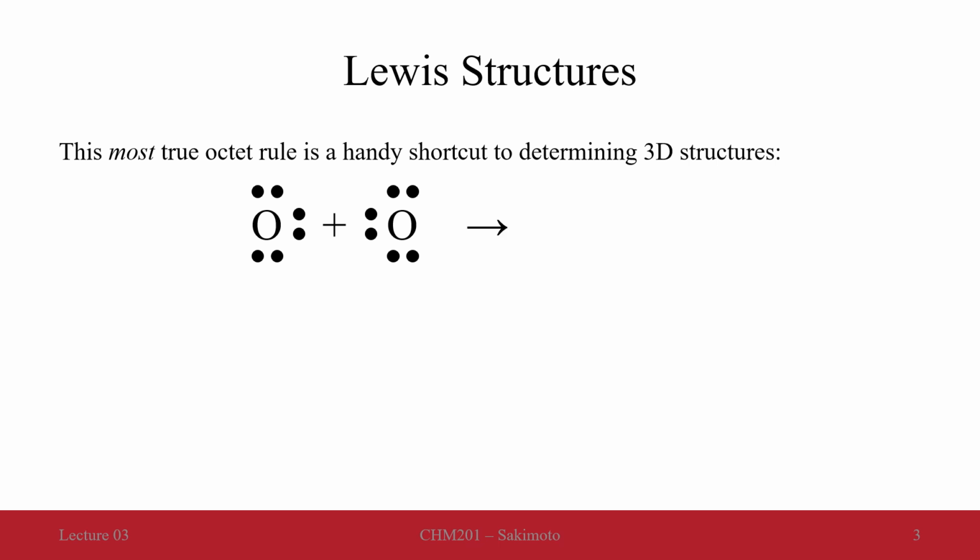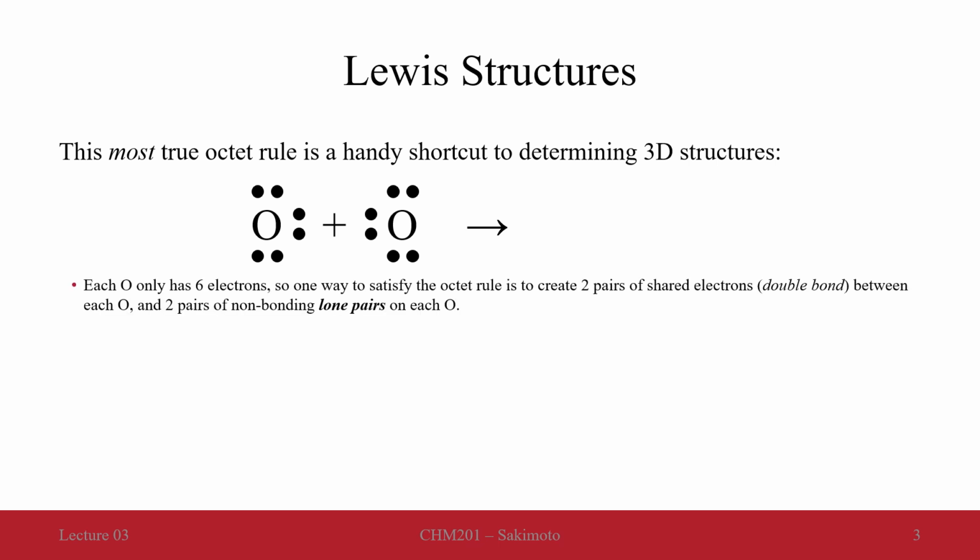And so the only solution these oxygens can carry out to have a set of 8 to call their own is to share these 2 electrons between each other, so that this oxygen will count that it has 1, 2, 3, 4, 5, 6, 7, 8 electrons that it considers its own. And this oxygen similarly will have 1, 2, 3, 4, 5, 6, 7, 8. And each this way, by sharing these 2 pairs of electrons, they each consider that they've satisfied their octet rule.